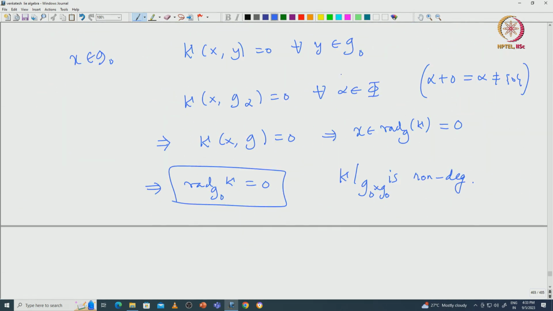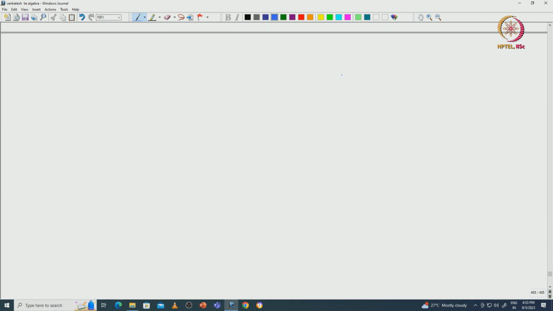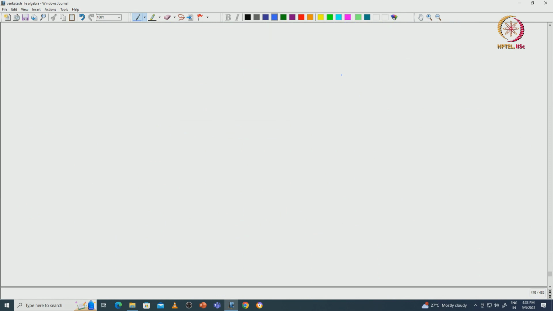Let me recall one more important fact, which is very trivial but will be repeatedly used in order to prove h is the same as the centralizer of h. I will stop with this important assertion, and maybe I will continue the proof in the next class. So, here is the fact.